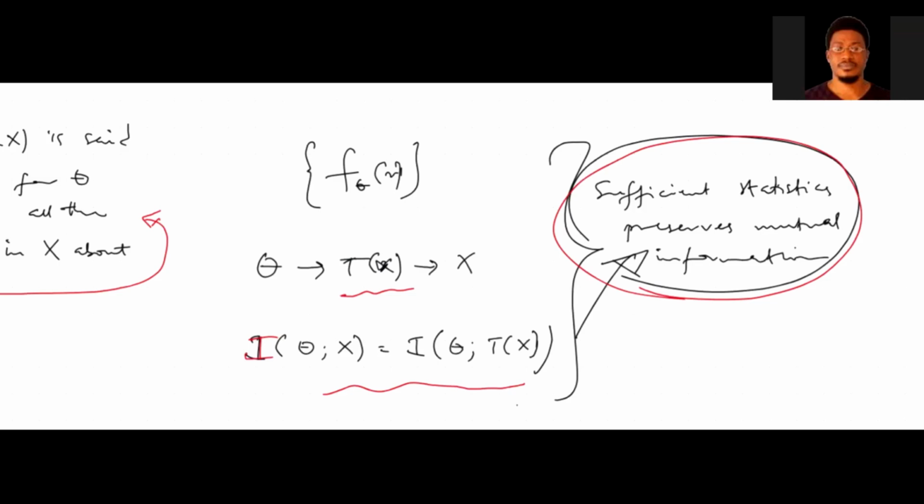So what we are trying to say is that sufficient statistics preserve mutual information, okay?